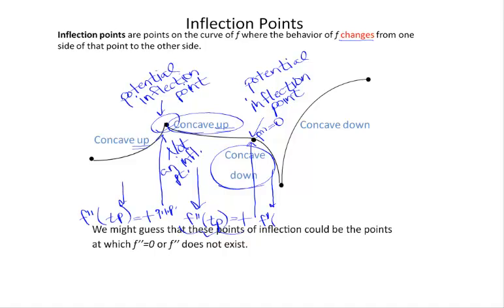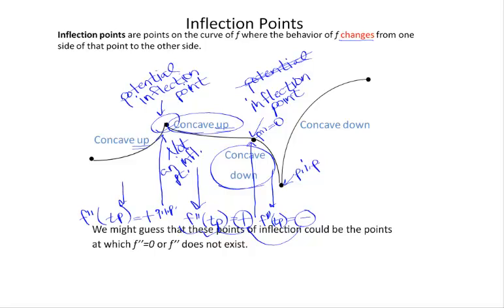I'm going to put a test point from this side of things into my second derivative. And since I am concave down, I'm clearly going to get negative out of there. That's what I need to see in order to have an actual inflection point, to be able to do away with potential. I have another potential inflection point here.